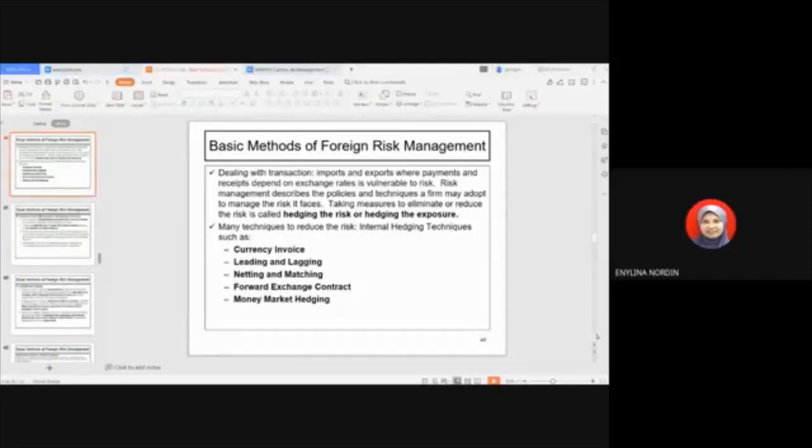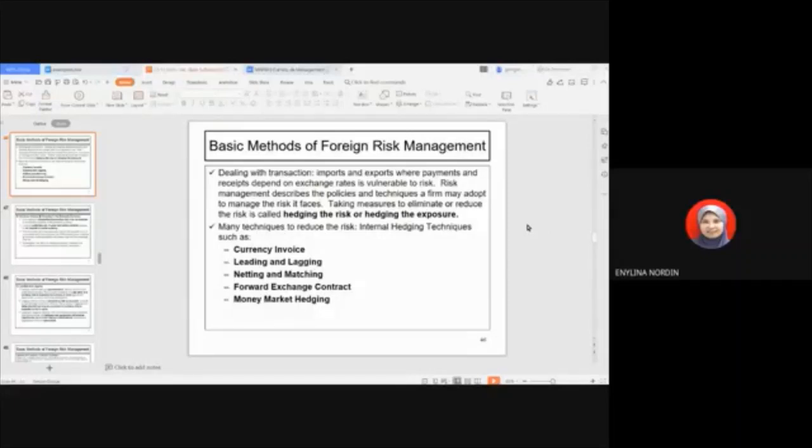Assalamualaikum warahmatullahi wabarakatuh. So today I continue with basic methods of foreign risk management. This is dealing with the transaction of import and export, where payments and receipts depend on the exchange rate, and the exchange rates are subject to fluctuation.